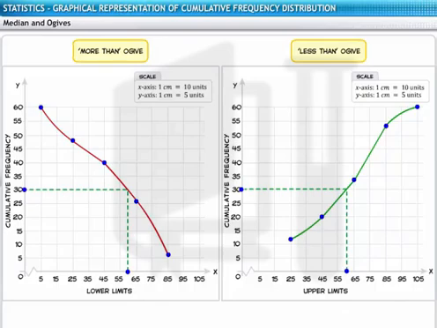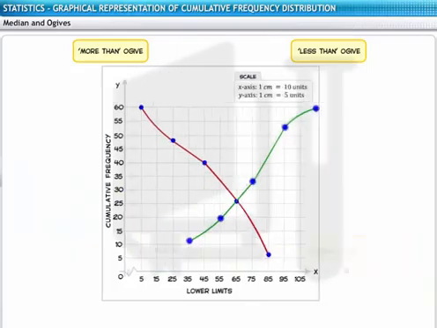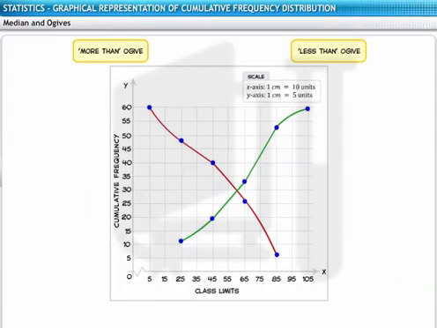As you can see, you can use either the more than or the less than ogive to find the median of the grouped data. In both cases, the median of the given grouped data is approximately 59. There is another way of finding the median of the grouped data using the ogives. We can draw both the less than and the more than ogives on the same chart.